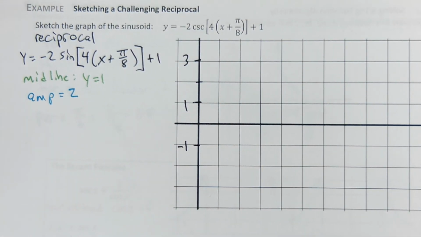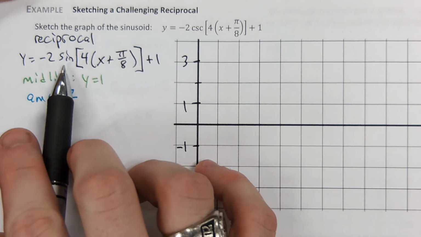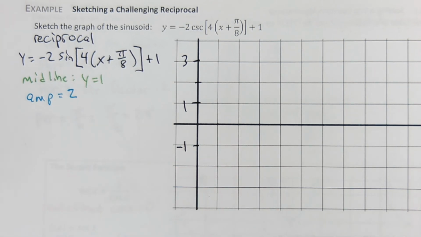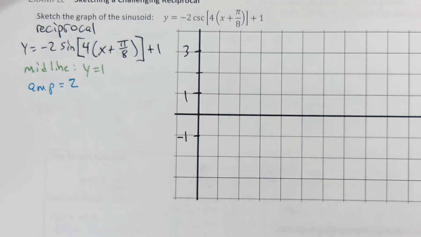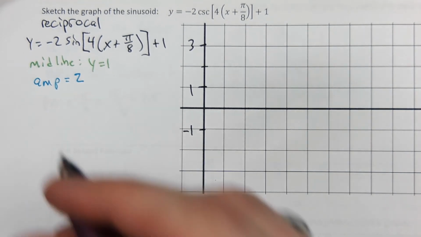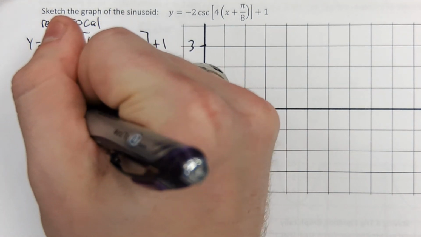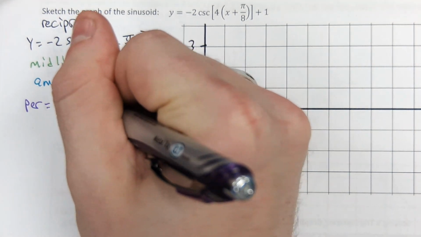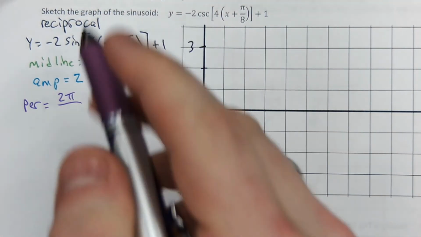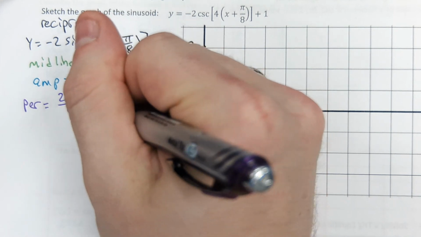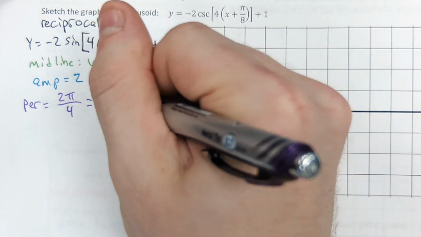Now let's figure out what's going on with this x-axis. Remember, all the math I'm doing right now is for the reciprocal, -2 sine of yada, yada, yada. Period length is supposed to be 2 pi. Ours is going to be 2 pi over b. Our b value is 4. Oh, okay.